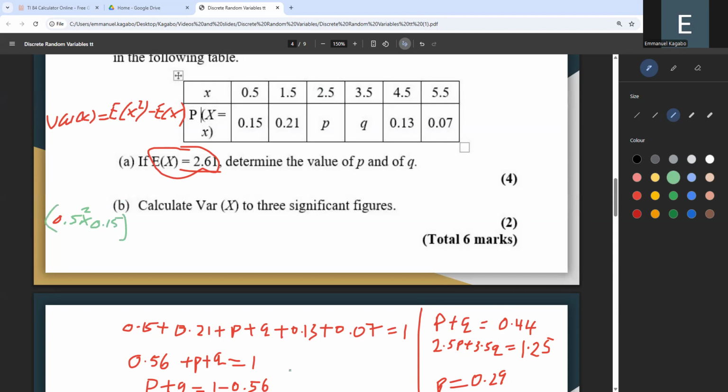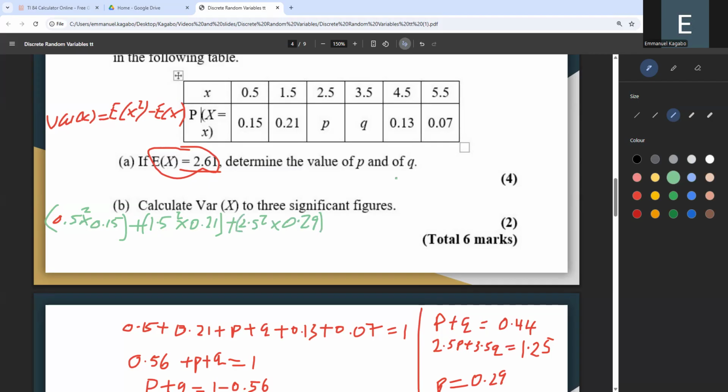Plus, what do we get next? Plus the next value is 1.5 squared times 0.21 plus 2.5 squared times the p-value. Remember the p-value we got? The p-value is 0.29, okay?